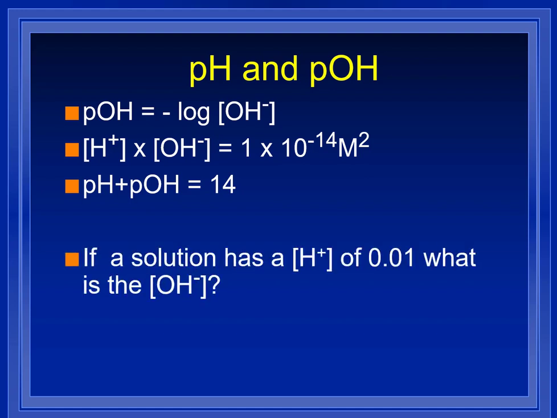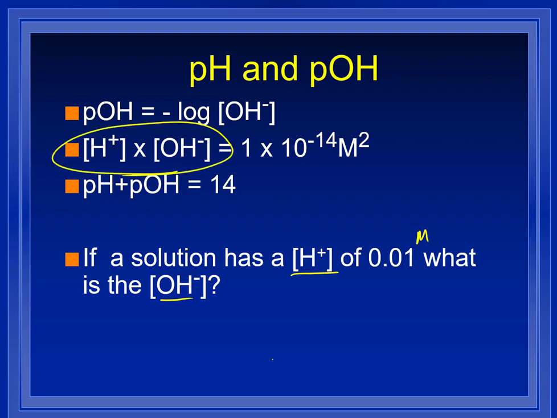So the solution has an H plus concentration of 0.01 molar. What is the OH minus concentration? Well, looking at this, I get H plus and OH minus. I have an equation that has those pieces in it.